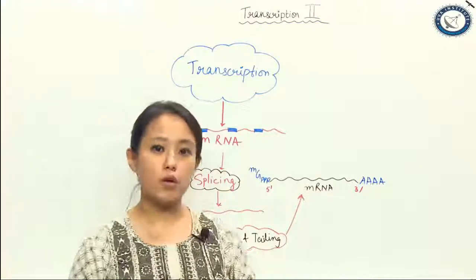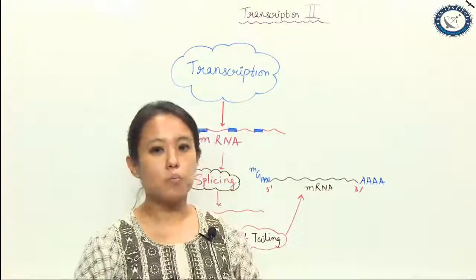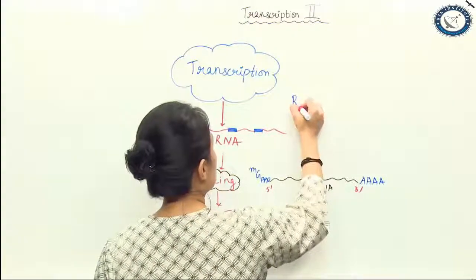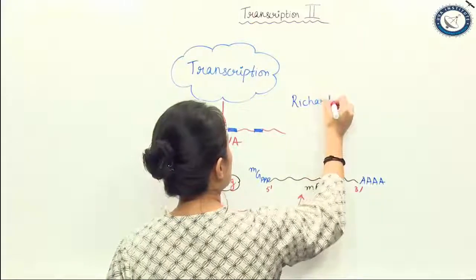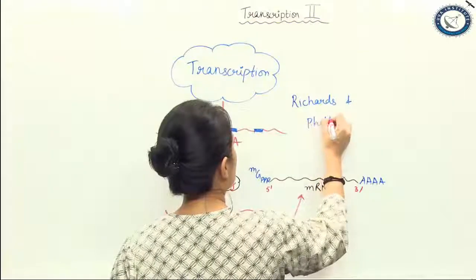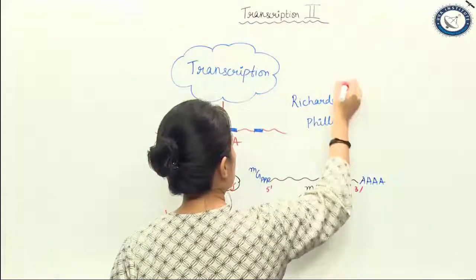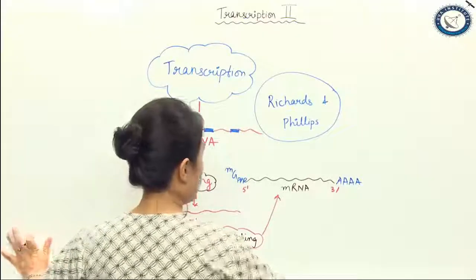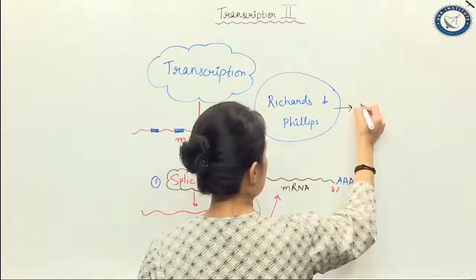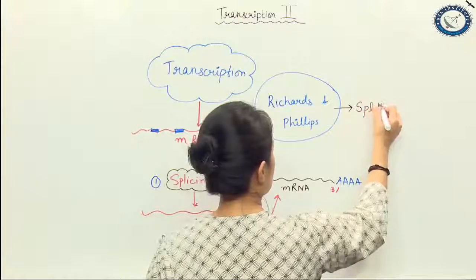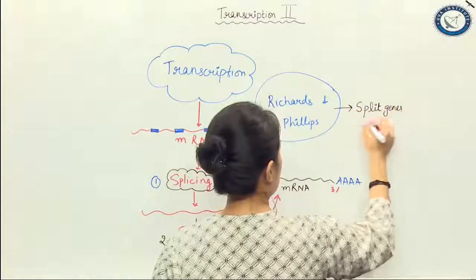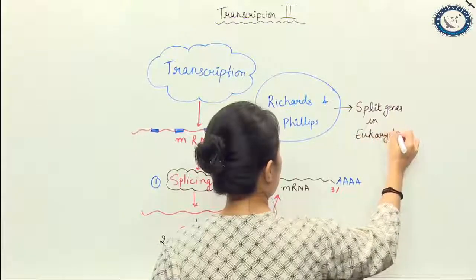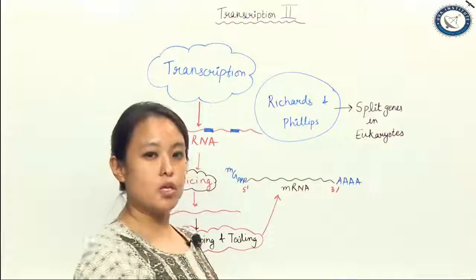Whereas in case of eukaryotic cells, of course, introns and exons both are present. That is the reason it was Richards and Phillips, these two people, who gave the concept of split genes in eukaryotes.